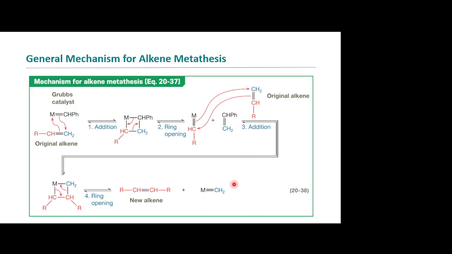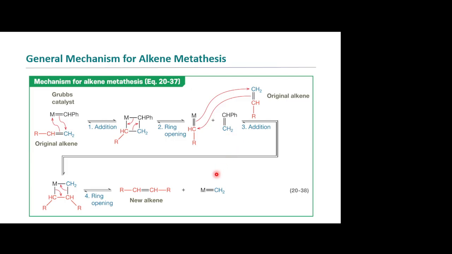Note that these can drift around and then react the other direction. And so, to produce the ethene, the CH2 group has to be oriented at the same end as the metal, and the CH group, our R group, has to be oriented the same end as the CH-Ph.